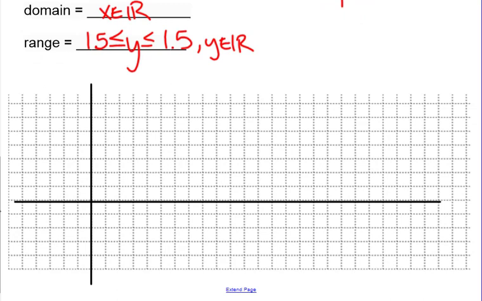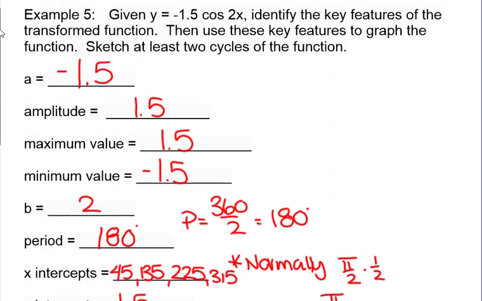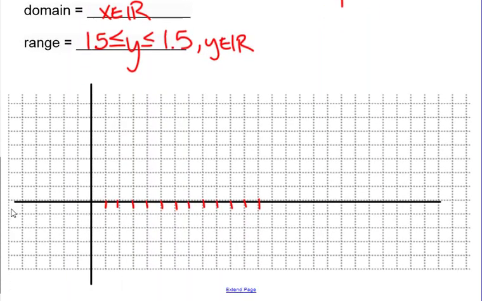So to graph this, 1, 2, 3, 4, 5, 6, 7, 8, 9, 10, 11, 12. Because we are condensing our domain, I'm not going to do it as far, so we're going to do pi over 2, pi, add another 90.